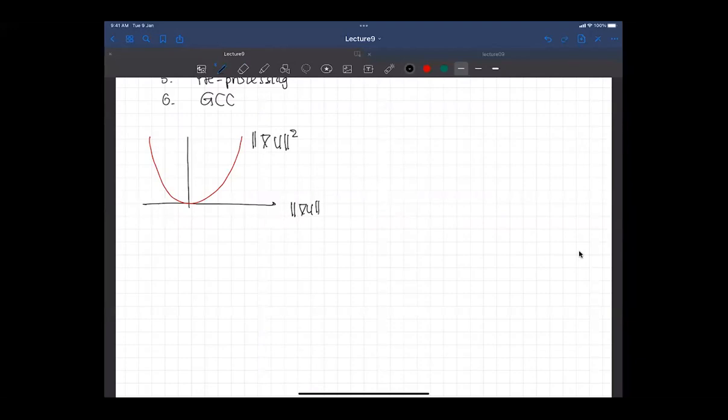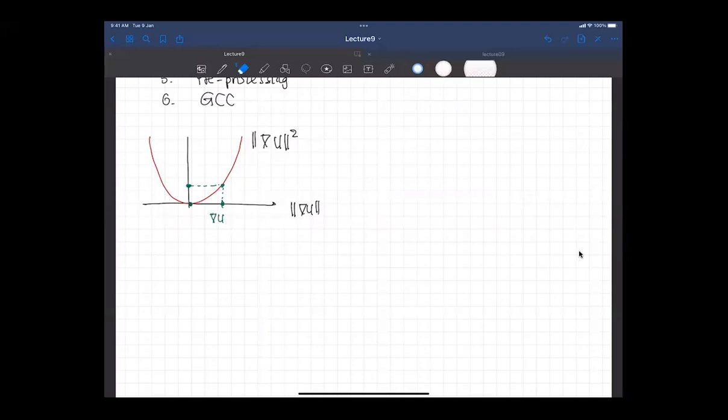Okay, so the idea behind this is that if you have nabla u at this value of x, u1 here, then you will be penalized. The y-axis is the penalty of that nabla u. If nabla u is at that location, for example, the penalty will be higher compared to when nabla u1 is equal to 0.